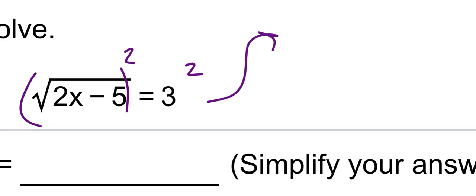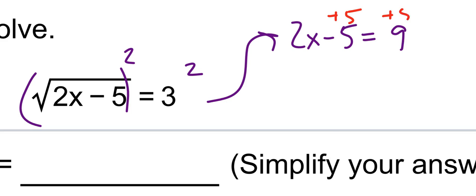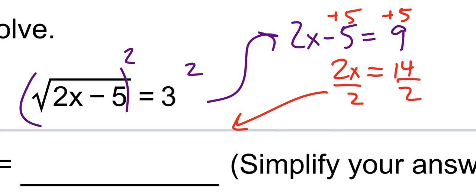You were wrong. Yes, good answer. So 2x minus 5 equals 9. X does equal 7, that's true. Because if we add 5 to both sides, we get 14. 2x equals 14. And then divide by 2, we get 7.